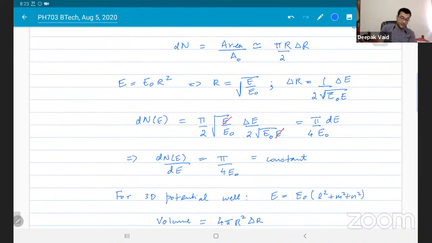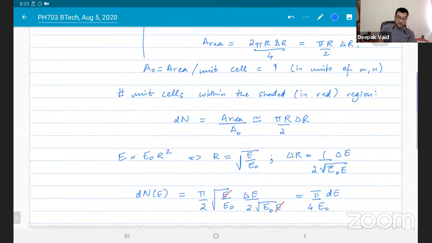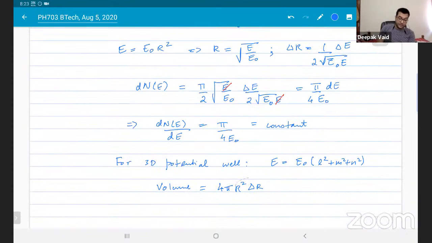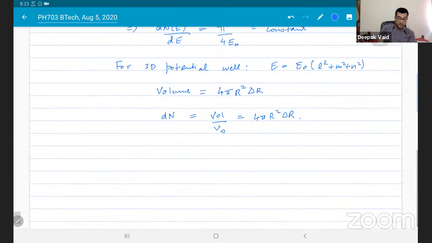So the difference is that for the 2D case, you are getting R delta R. For the 3D case, you're getting an extra factor of R, right? You're getting R squared delta R. So once again, if you ask what is this dN, dN will be the total volume divided by V naught, which would again be just 4 pi R squared delta R. And then if you want to write this in terms of E, this is equal to E naught times R squared.